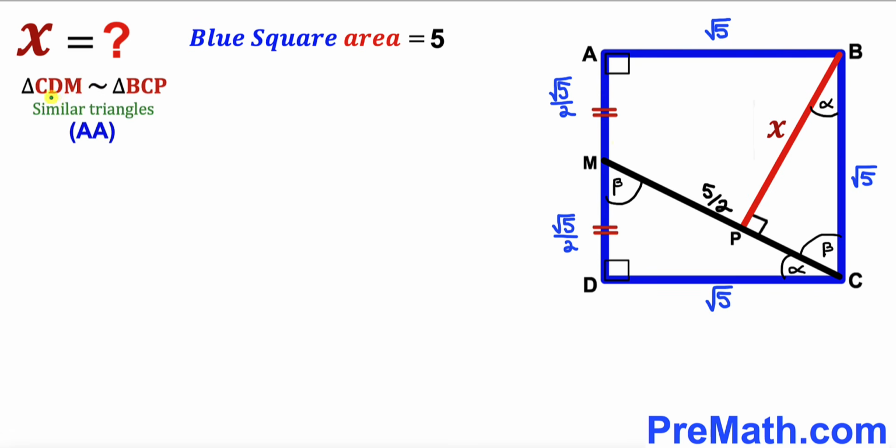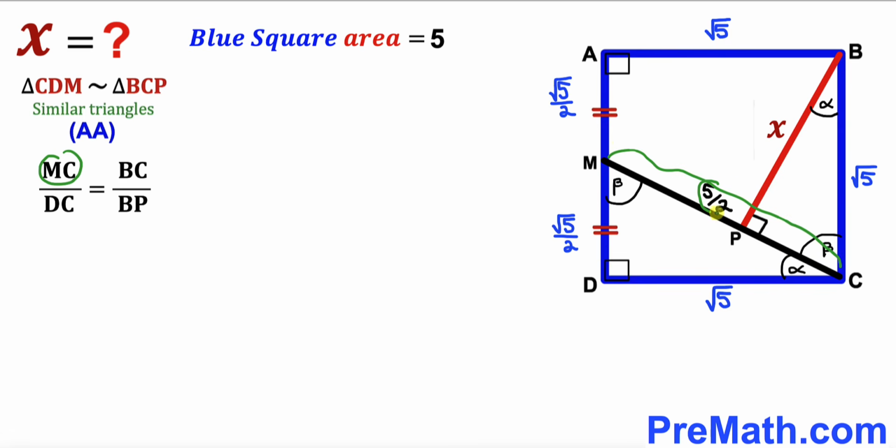So we conclude that these two right triangles, triangle CDM and right triangle BCP, are similar triangles according to the angle-angle similarity theorem. Since these two triangles are similar, we have a proportion: the ratio of the side lengths MC to CD equals the ratio of BC to BP.